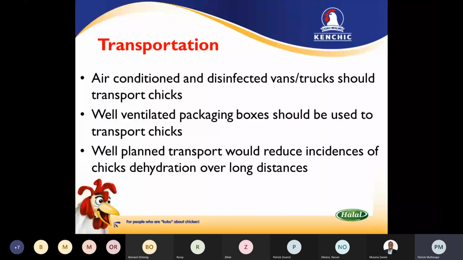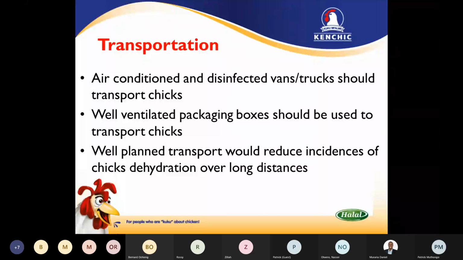We also strive to have a transport system that will reduce the incidences of chicks dehydrating over long distances, because when you're delivering chicks, you will have factors that you cannot control: adverse weather conditions. Sometimes it's raining, sometimes it's too hot, the distance is long.